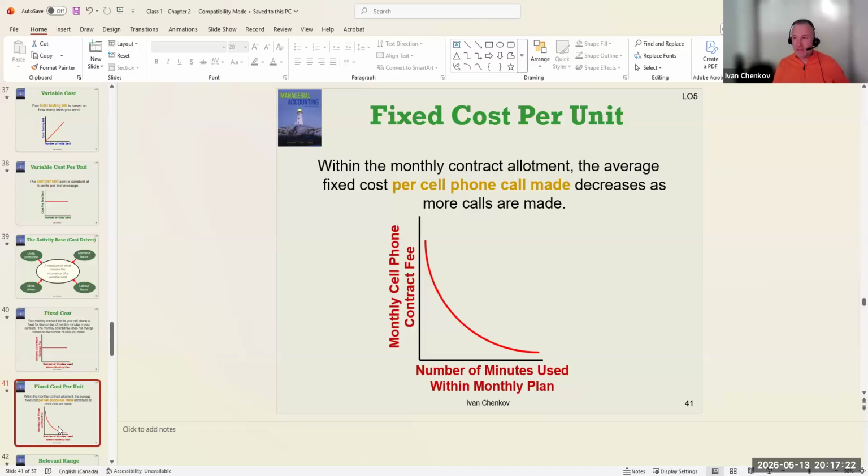Another example will be, let's say, rent. What kind of cost is the rent? It's a fixed cost. So if you pay $2,000 for a one bedroom apartment and one person lives in that one bedroom apartment, how much is the cost per person? 1,000. How about if you put two people?